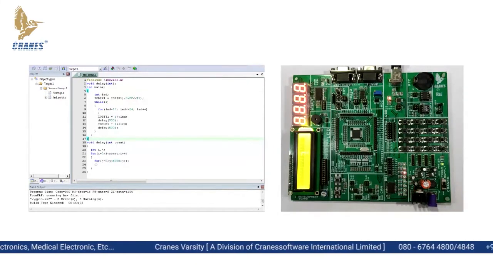Best coding practices like data types and operators, functions, preprocessors, arrays and pointers. Linux system programming, introduction to Linux, shared memory and semaphores.